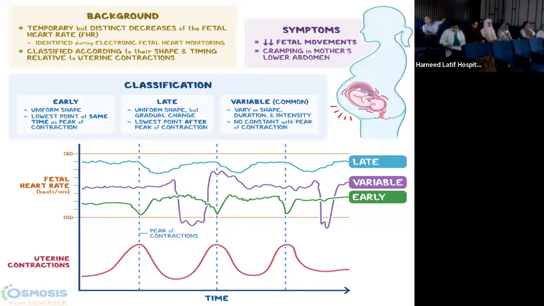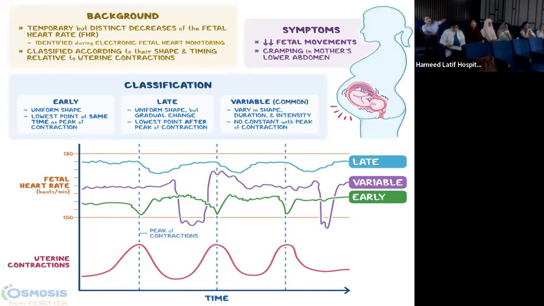If you notice the peak of the contraction with your dotted line, and if you observe the blue line on top of it, the decel starts at the peak of the contraction. Okay? And it goes down after the peak of the contraction is gone. And it goes up afterwards. That's why it's a decel. And it's not a change in the baseline. So it is related to the contraction.